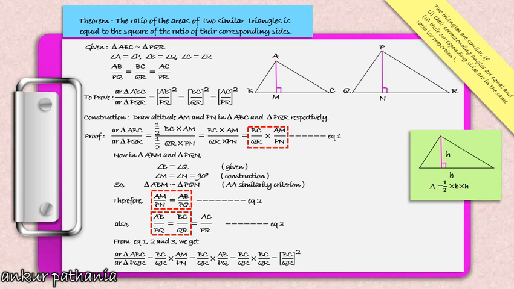We have replaced AM upon PN by AB upon PQ from equation 2, which is equal to BC upon QR multiplied by BC upon QR. So we have again replaced AB upon PQ by BC upon QR from equation 3. So we get our result, that is BC upon QR whole square. This is what we have to prove.